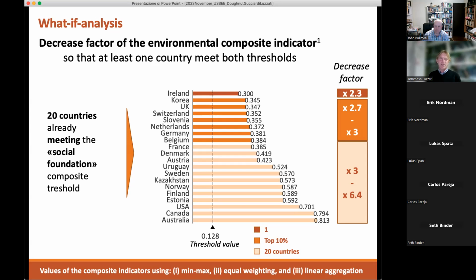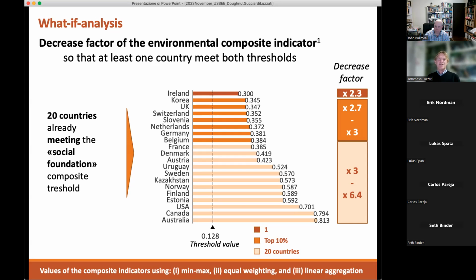One very famous example is Costa Rica. Costa Rica is apparently rather close to both. So it's difficult really to say what this means. However, the decrease factors are rather high.